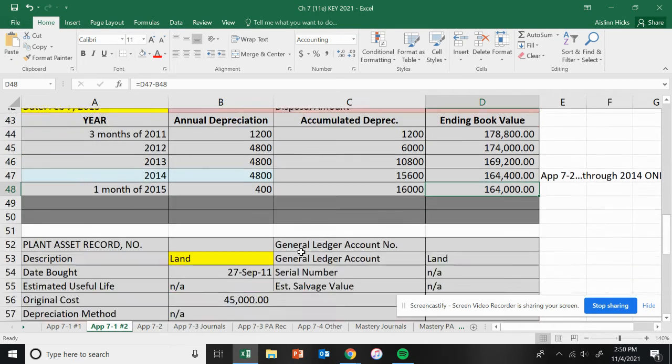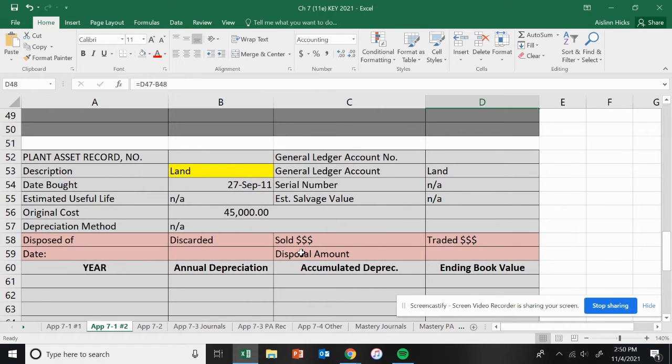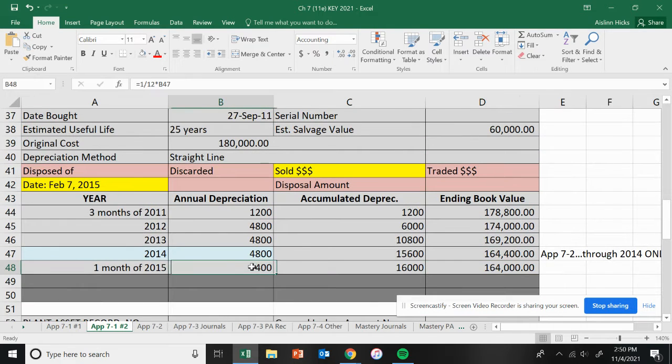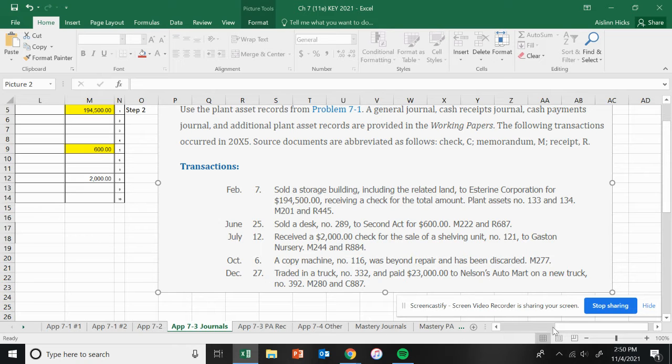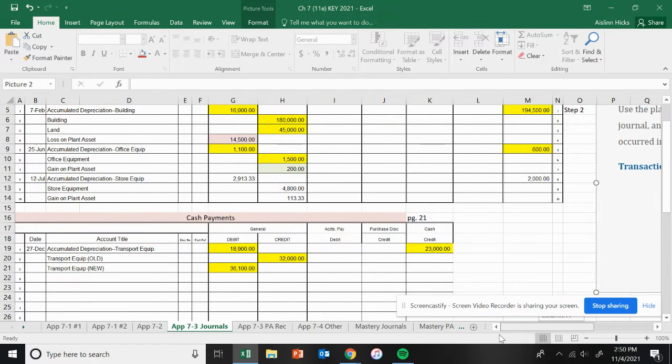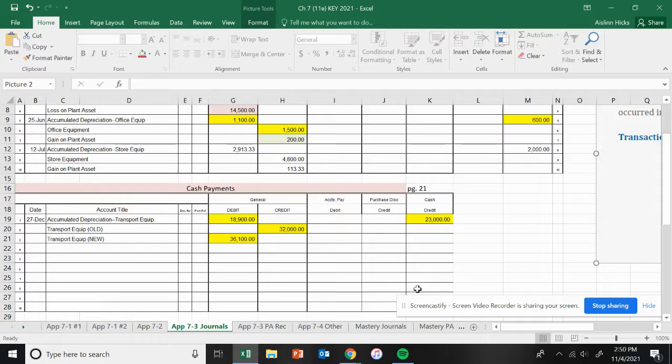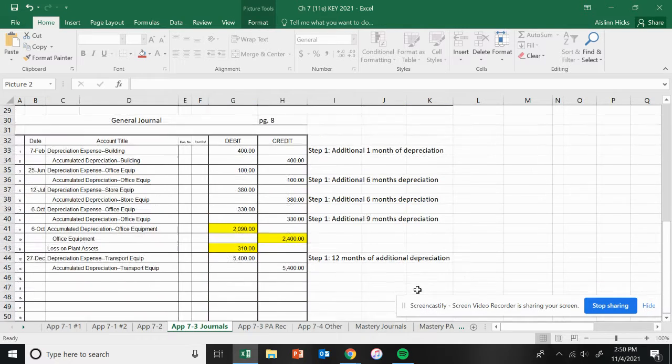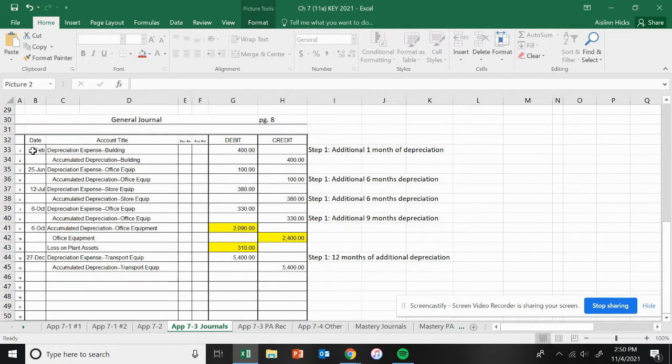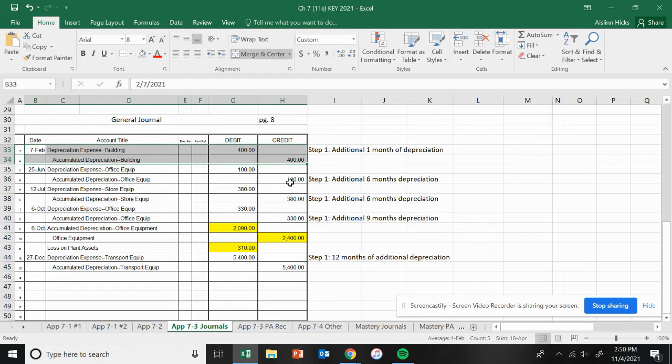The building, of course, did not change at all. Or sorry, the land didn't change at all. So now I need to journalize this additional depreciation, this $400. So I'm going to go to my journal, and I'm going to go down to my general journal. I'm going to fill that in right here.